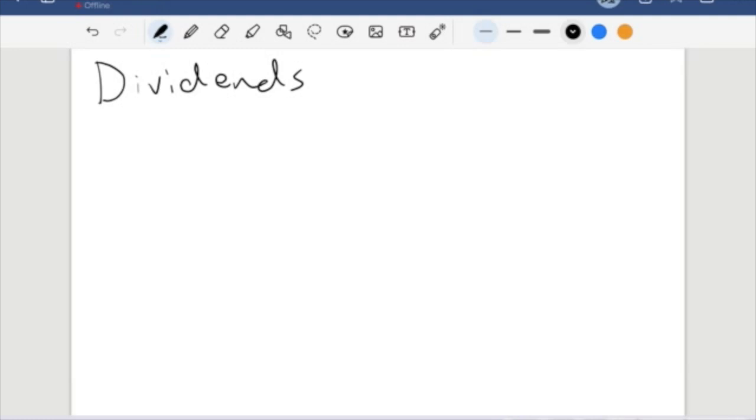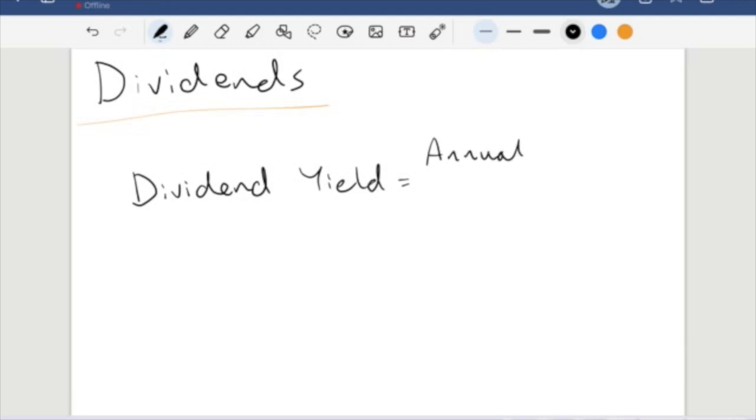These dividends are payments given as an amount per share or a percentage of the issued price. So the dividend yield formula you'll be given in your textbooks is the dividend yield, this percentage, equals the annual dividend, the annual amount you get paid out, over the total market price.